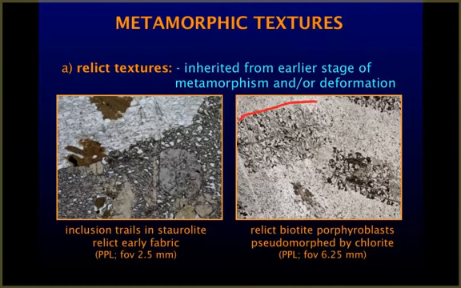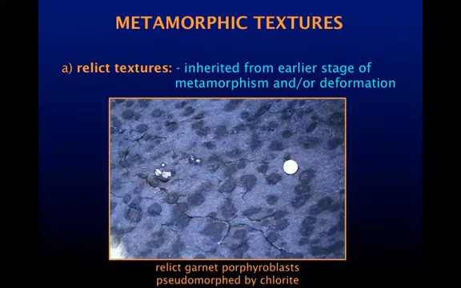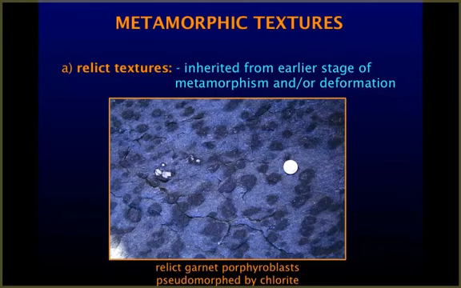So here's what used to be a biotite crystal, and here's another one here. All that remains is the shape of that former biotite, and it's been replaced by chlorite in a retrograde metamorphic reaction. Here's another example of relict garnet porphyroblasts. They're nice rounded porphyroblasts, but they're no longer garnet. They have been replaced completely by the growth of new chlorite.